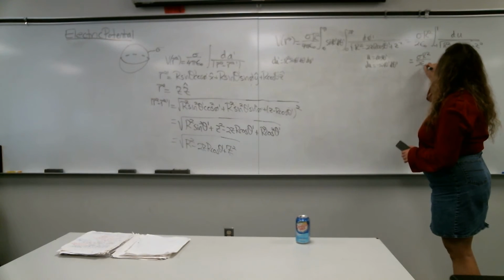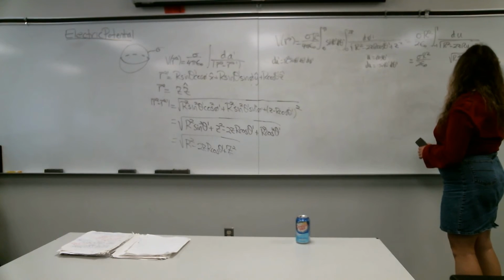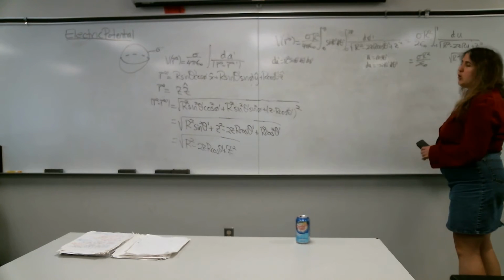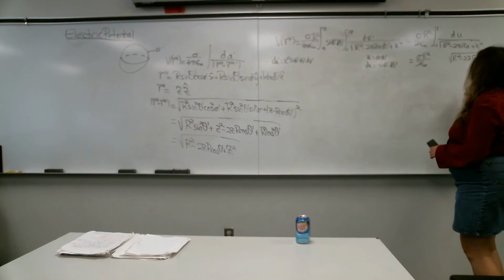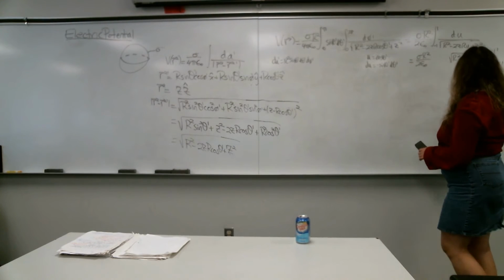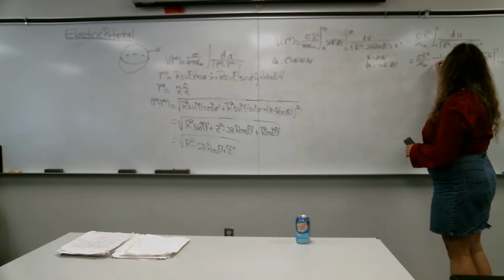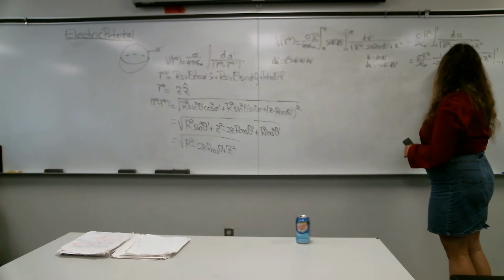Pull the constants out in front, so we'll wind up with the square root of r squared minus 2zru plus z squared in the numerator, and we'll have 1 over minus 2zr times 1/2.